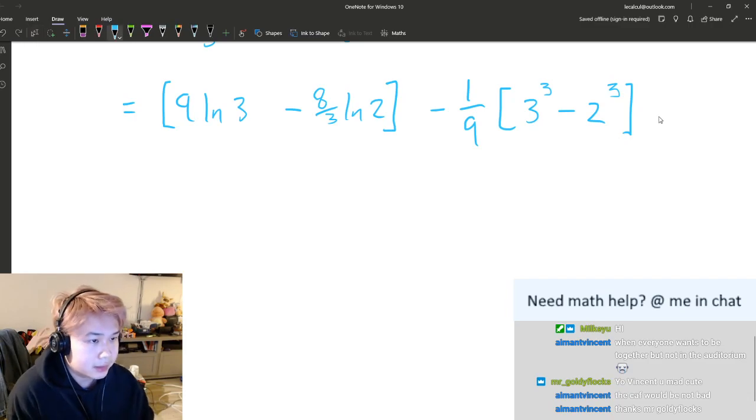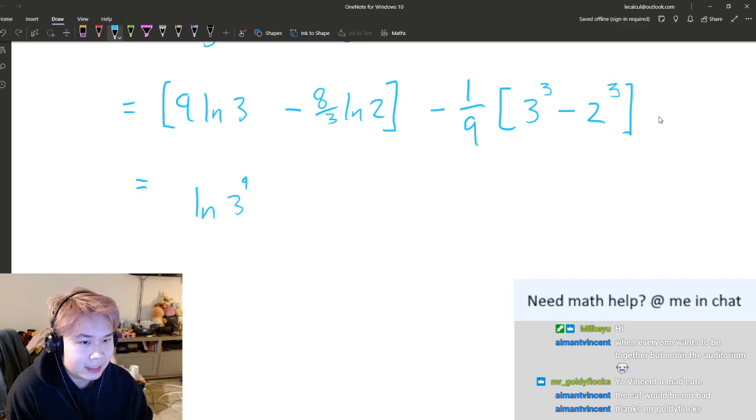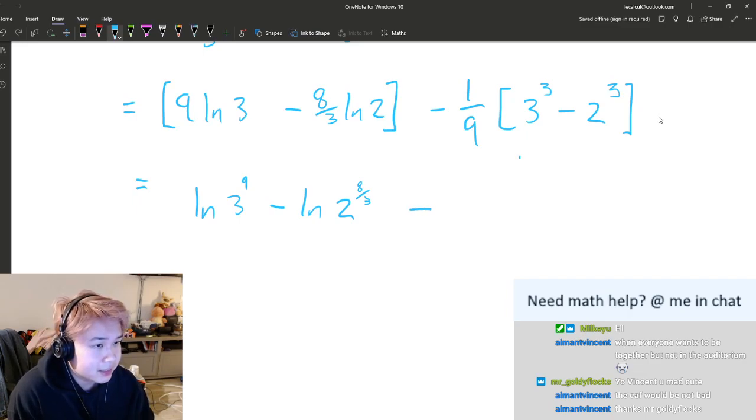Okay, let's keep going. I don't know how pretty they want this to be, because you can do natural log 3 to the power of 9, and then minus natural log 2 to the power of 8 over 3. And then what the heck is this? 27 minus 8.